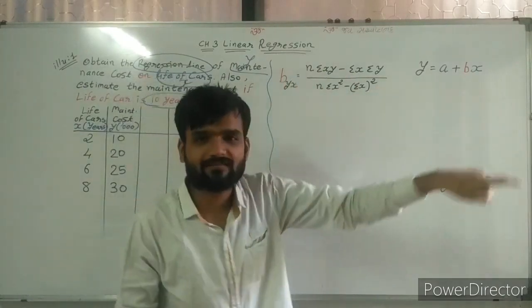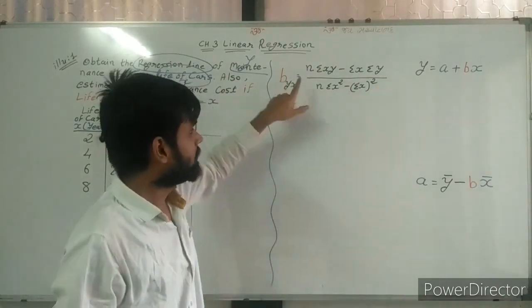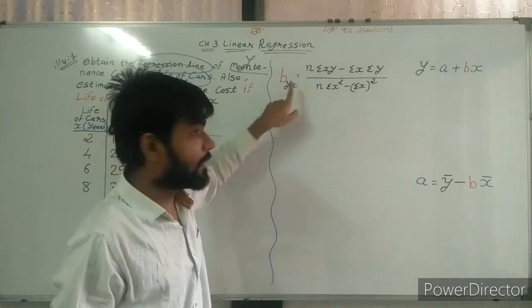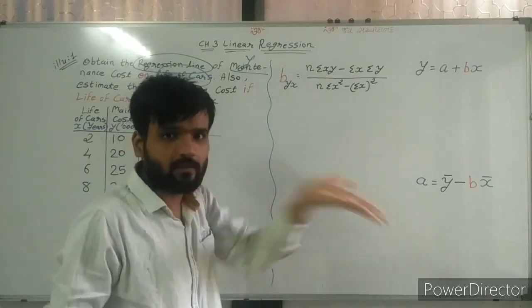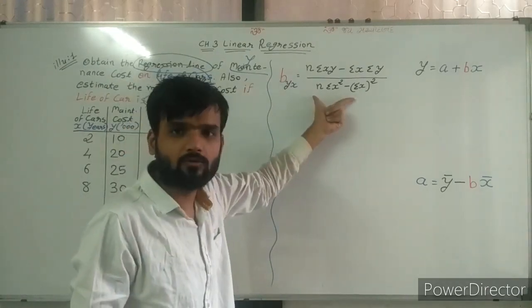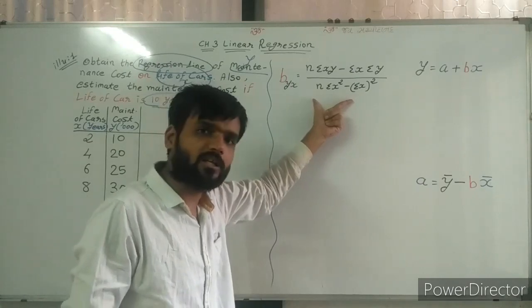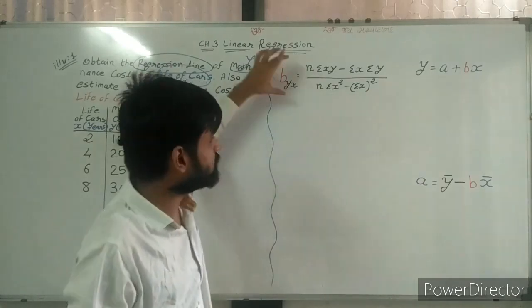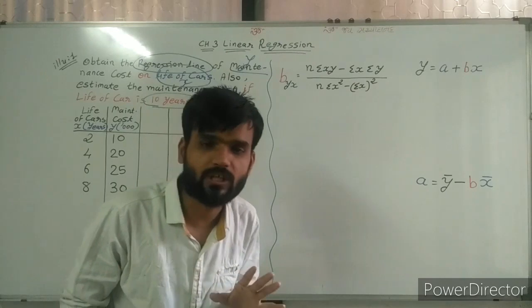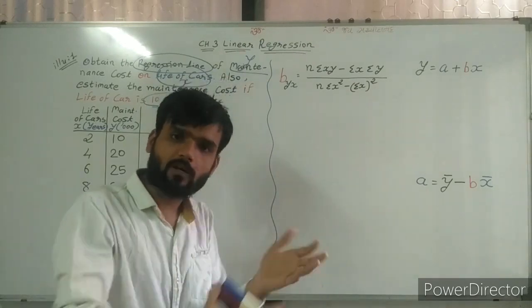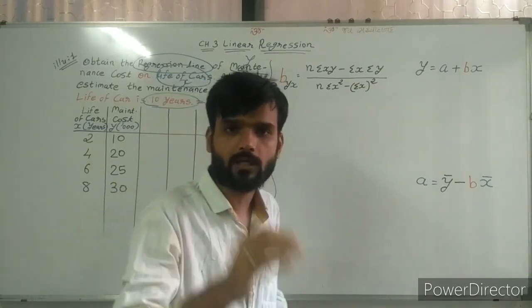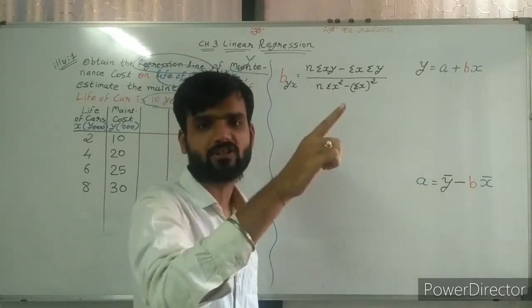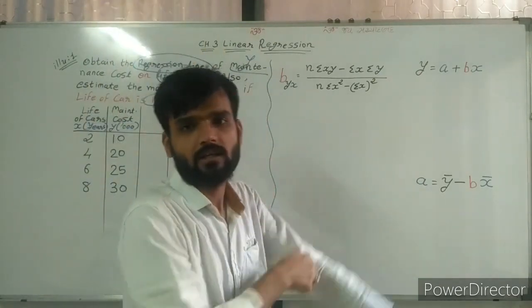Don't write the root sign, simple. Y depends on x, so x is the base, so only x values, x formula written in denominator. In this way we can find the value of b. These formulas we have learned in the last lecture. If anybody missed that lecture, please see my lecture.